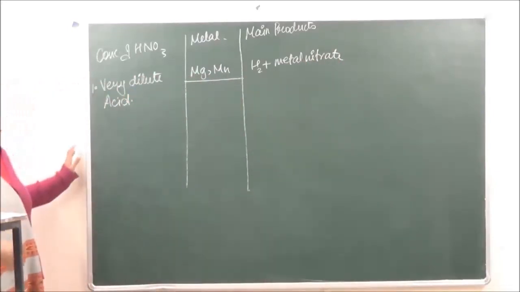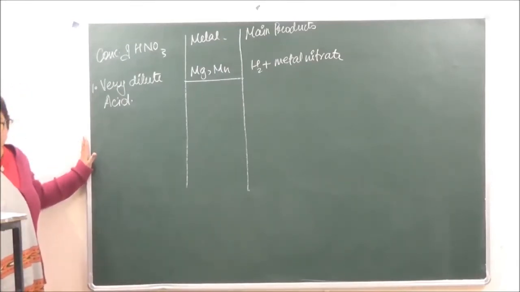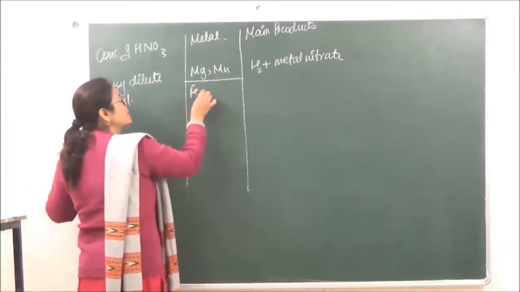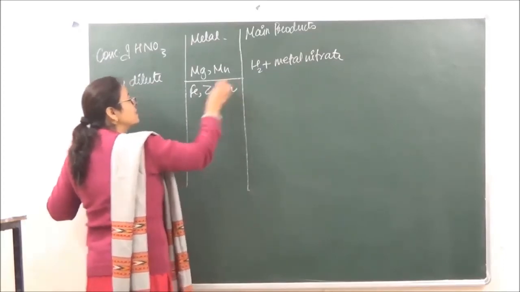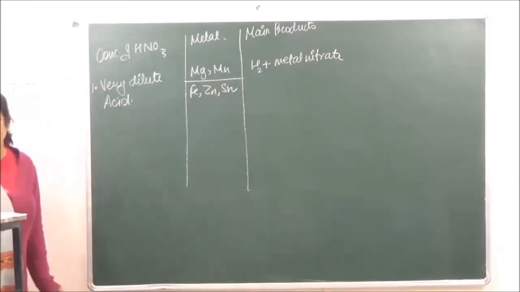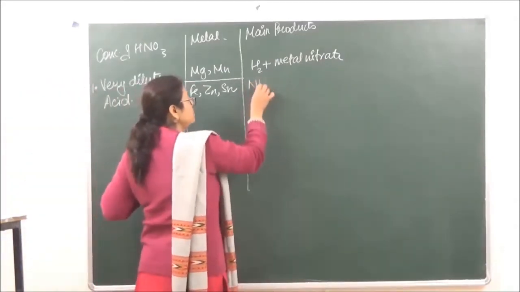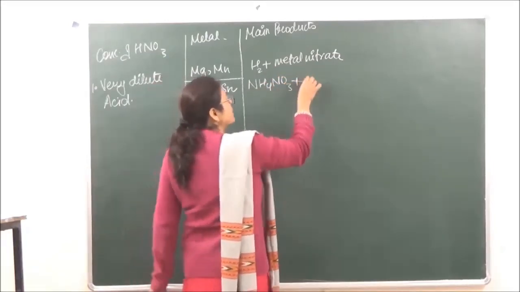With magnesium and manganese, we get hydrogen plus metal nitrate. If we do the same reaction with Fe, Zn and tin, we get ammonium nitrate plus metal nitrate.